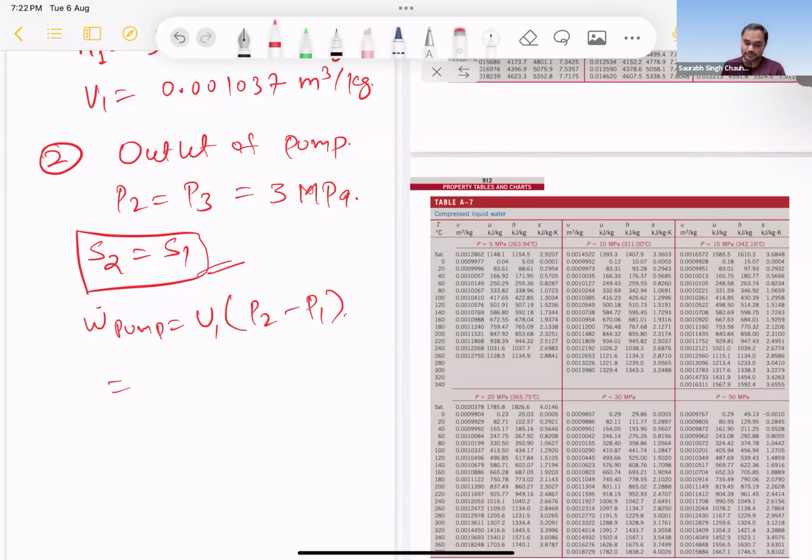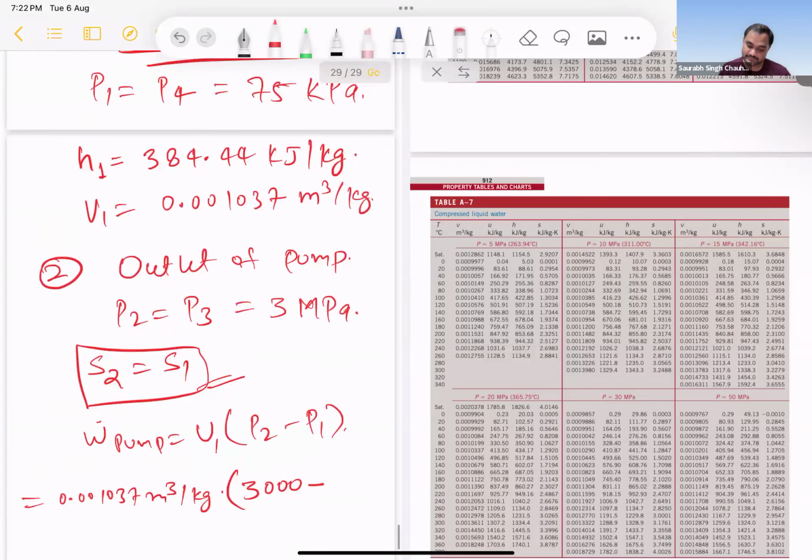So just substitute these values. V1 we have found, it is 0.001037 meter cube per kg multiplied by P2. P2 is 3 megapascal, so in kilopascal, you can write 3000 minus P1.